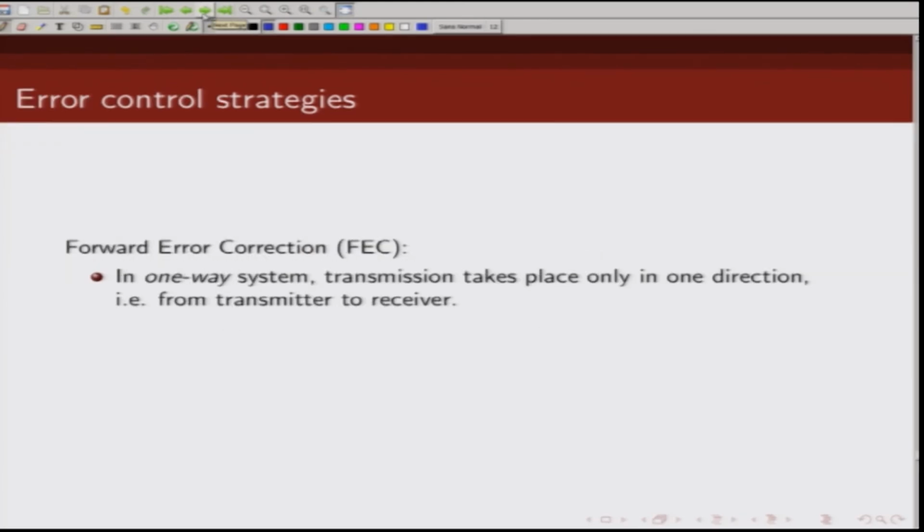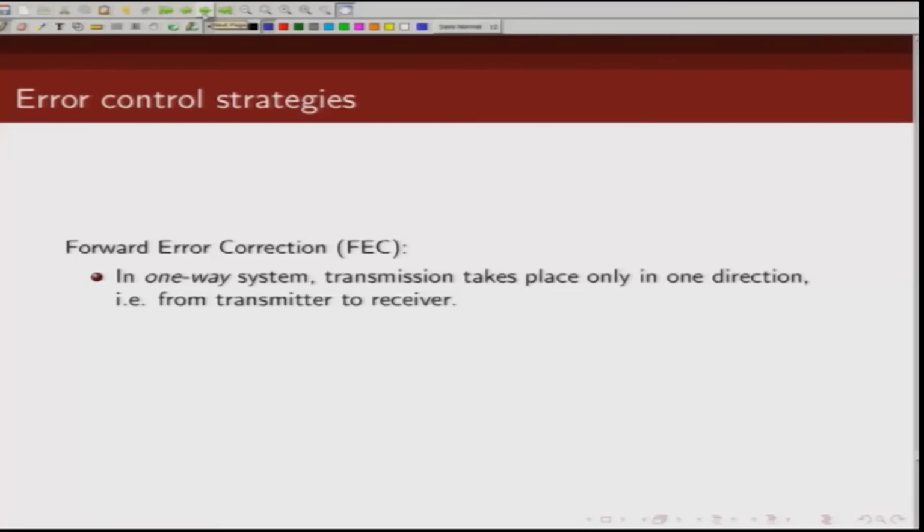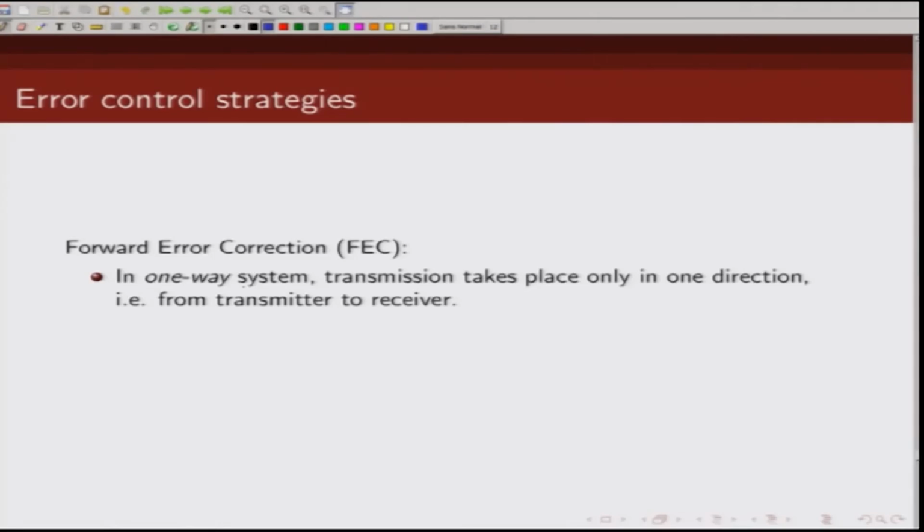So, finally, I am going to conclude this lecture with definition of a few error correcting strategies. The first one which I am going to describe is what is known as FEC, forward error correction. In systems where there is no feedback from the receiver to the transmitter, we call those systems one way systems, where transmission happens only in one direction from transmitter to receiver.